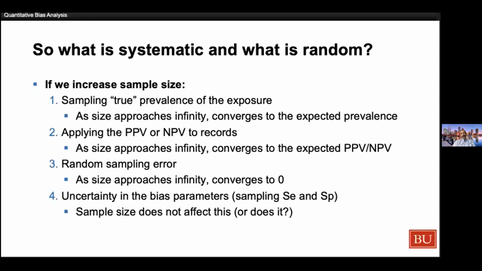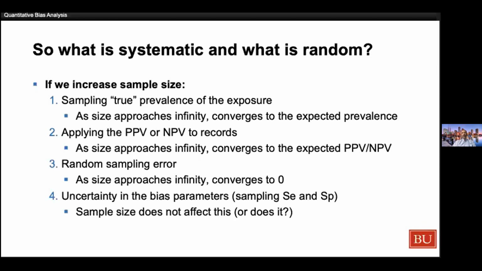So I wasn't completely wrong. I was just living in a world in which everyone had infinite sample size. So it turns out that what is systematic error and what is random error isn't always completely obvious, but you can figure it out by just working through the problem in terms of sample size approaching infinity.